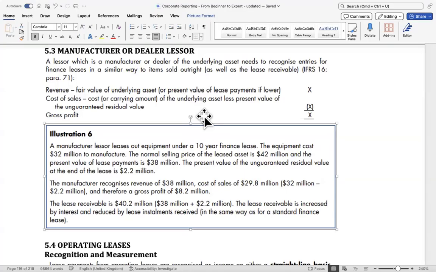Because I'm thinking that since it's a 10-year lease, we can spread the income over the period of the lease.